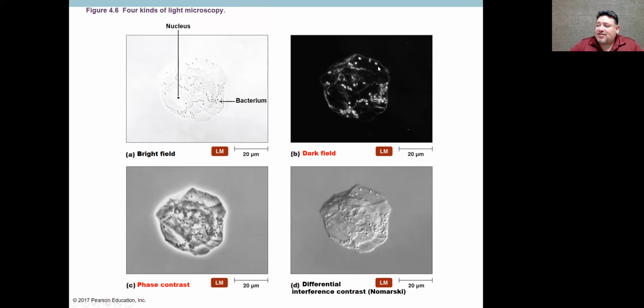Very high contrast. You can see these little white images here that, if they're inside, they're mitochondria. If they're outside, they're bacteria. So very good contrast. But I'm not fond of this dark background in the dark field microscopes.